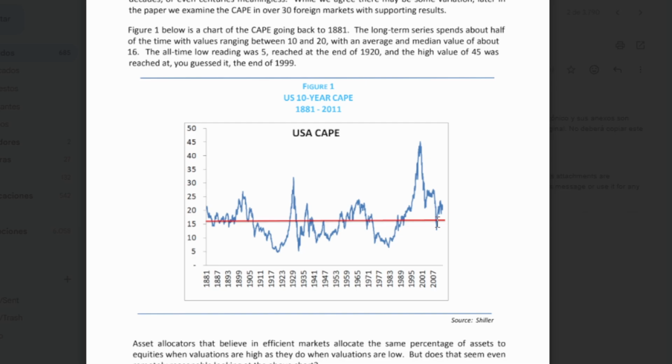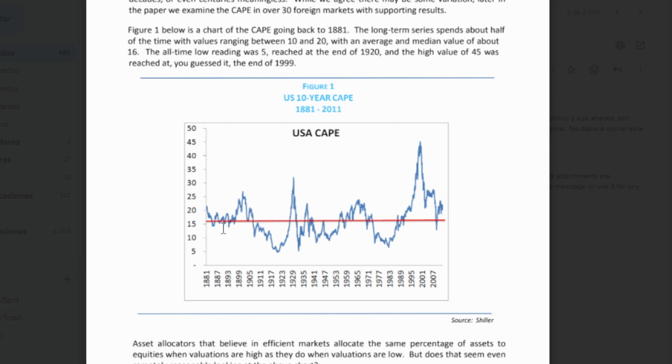Here you have the dot-com bubble crisis, where we have an extreme reading, almost 45, and here in the 1910s and 1920s, readings below 5. And then after the Great Depression, we also had readings below 5. So these are the opposite extremes.